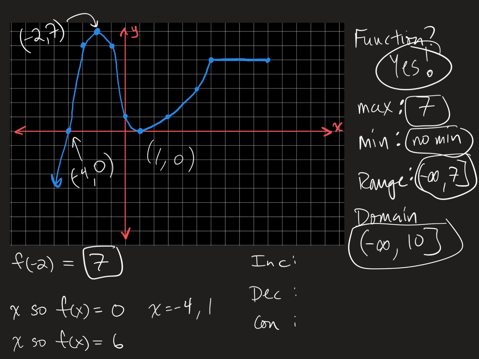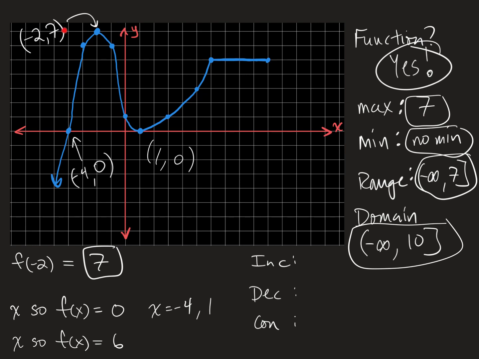Now, I just got done saying, hey, every x value is only paired up with one y value. Why did we get two answers here? Think about this. This x value can be substituted in here for x. So -4, f of -4 equals 0. -4 is paired up with 0 only. No other y values listed here.